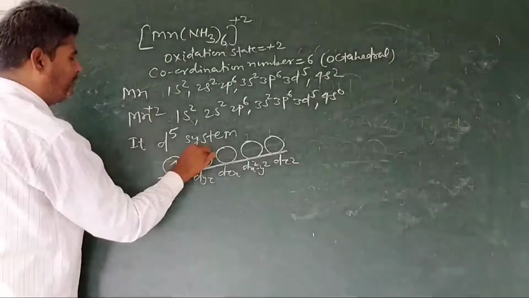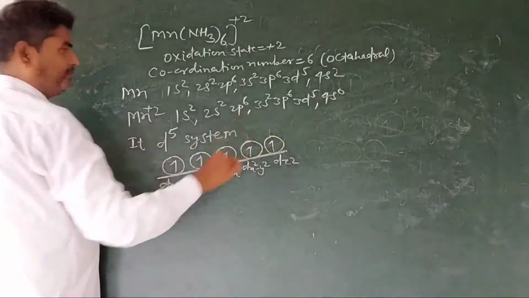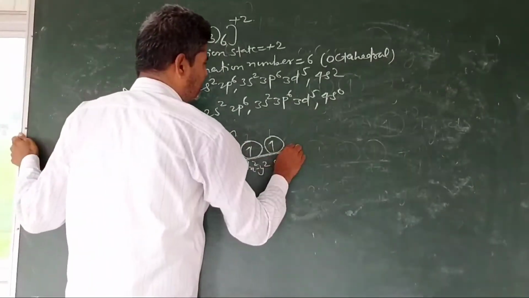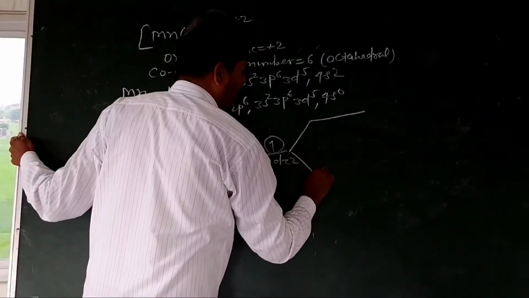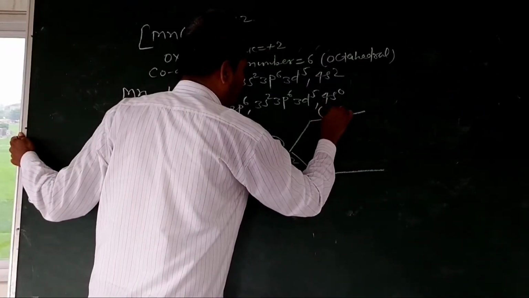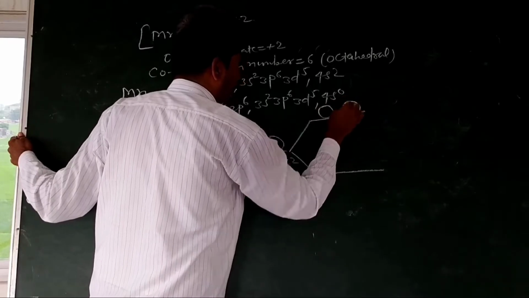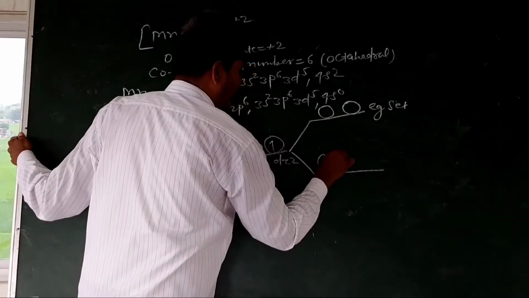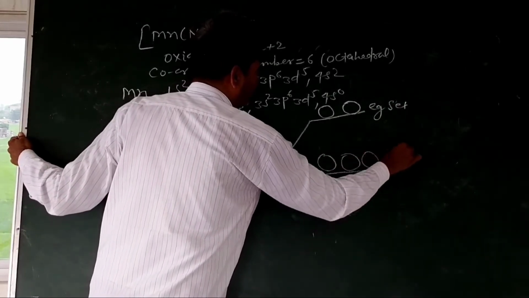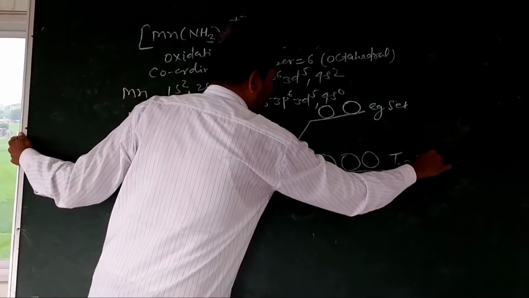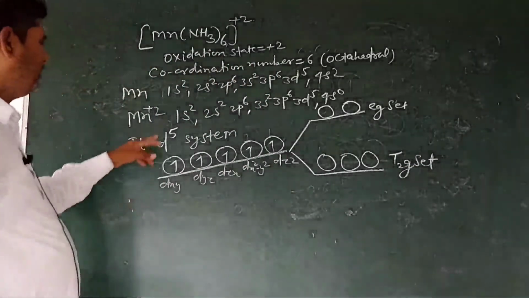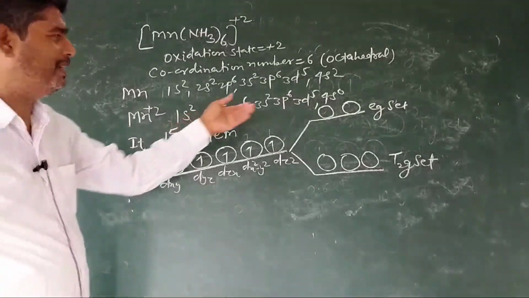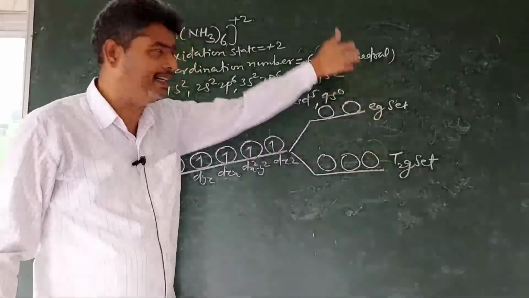The 5 electrons are distributed by whom? After CFT, crystal field splitting, we have two sets: the EG set and the T2G set. Now the 5 electrons will be distributed in T2G and EG.